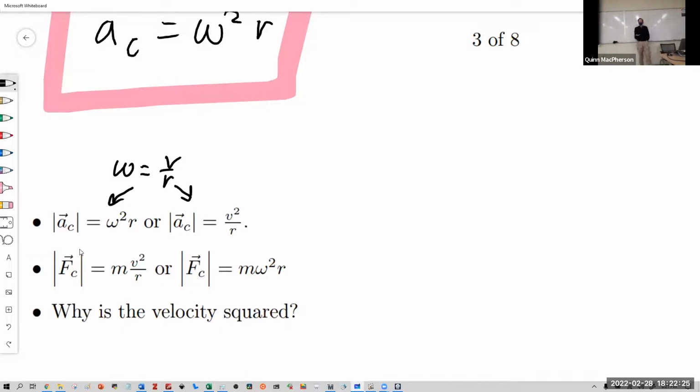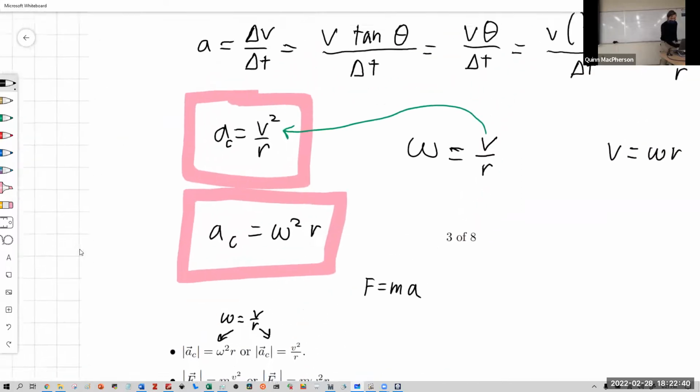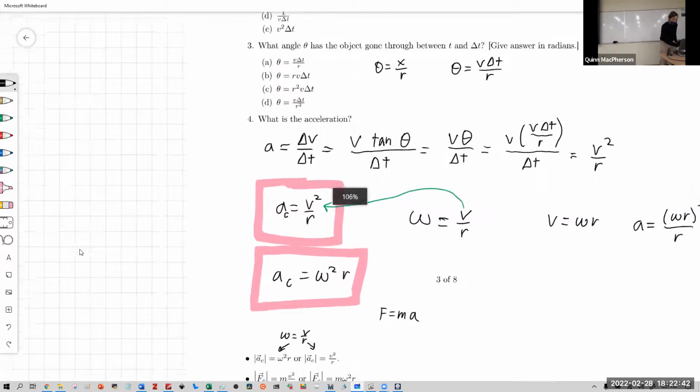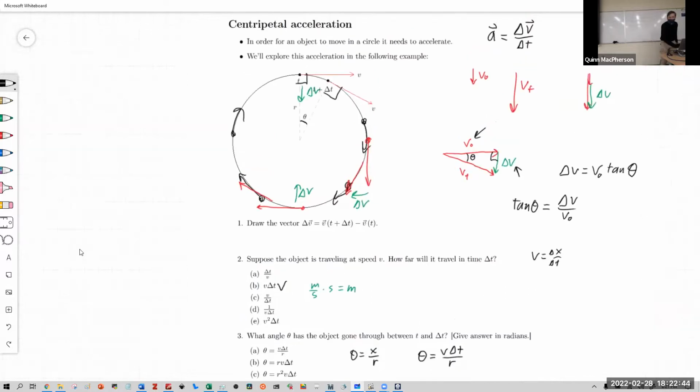Okay, so that gives us centripetal acceleration. The other big topic for today is centripetal force. The equation for centripetal force is F equals ma. If something is going to go in a circle, it's got to accelerate, right? We have to accelerate towards the center.